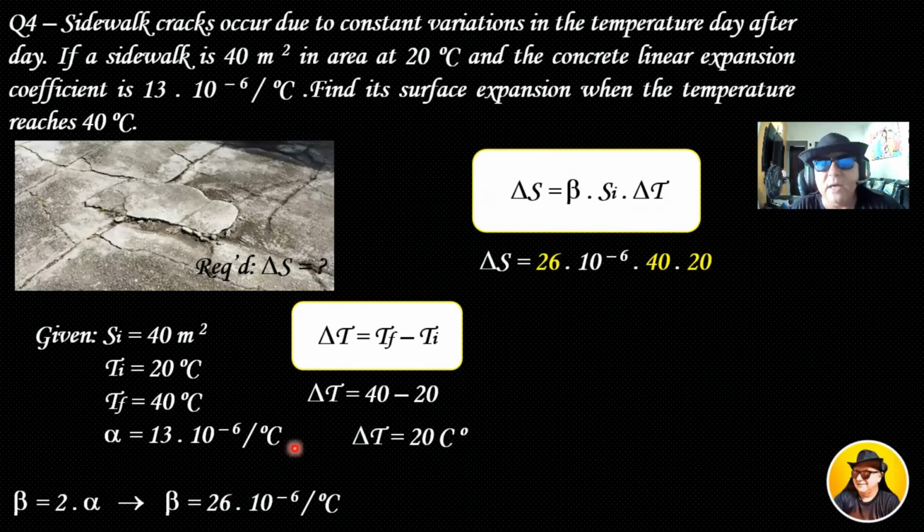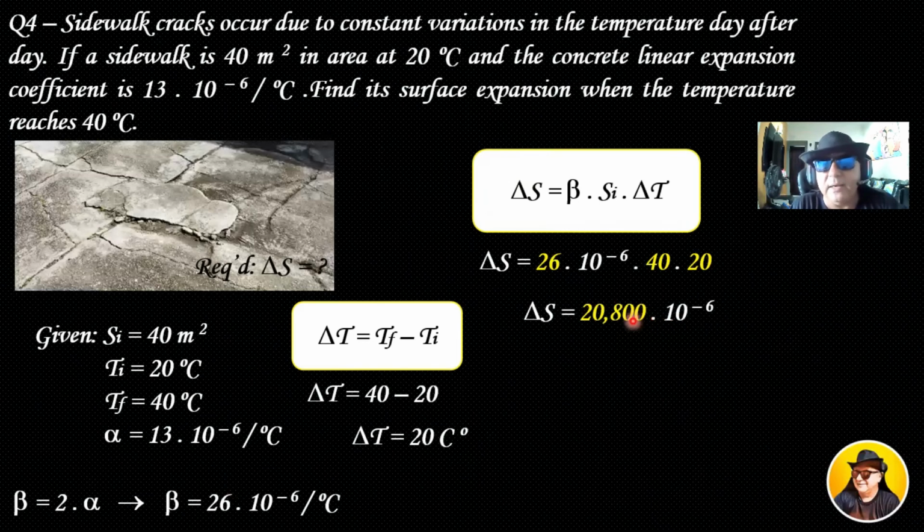Realize that I wrote these numbers, 26, 40, and 20, in yellow color. Why? Because I'm going to multiply them. I'm going to operate only them right now. So 26 times 40 times 20 is 20,800. Now I'm going to multiply 20,800 by 10 to minus 6. It means that I'm going to move the point 6 spaces to the left. The point is right here. Let's move 6 spaces.